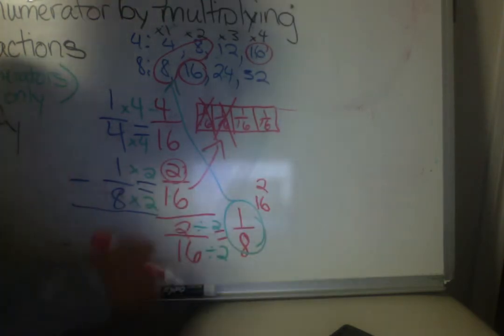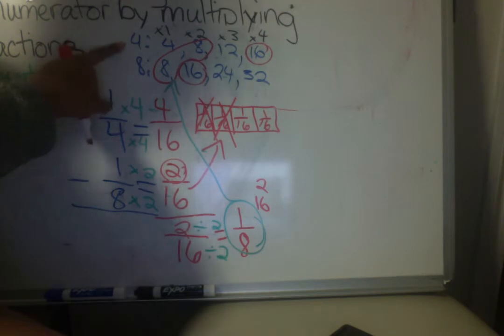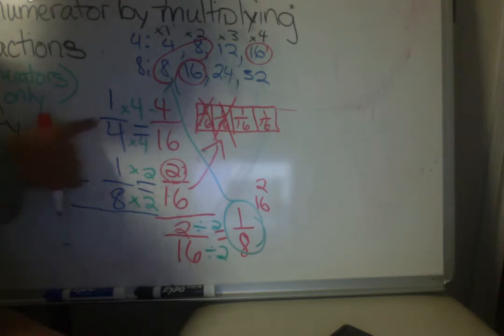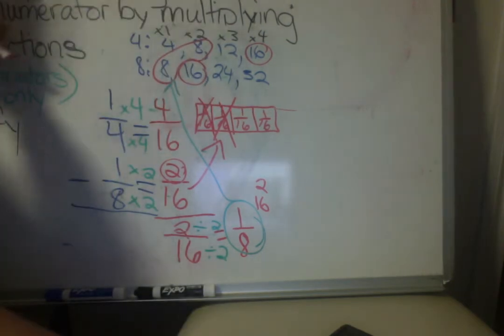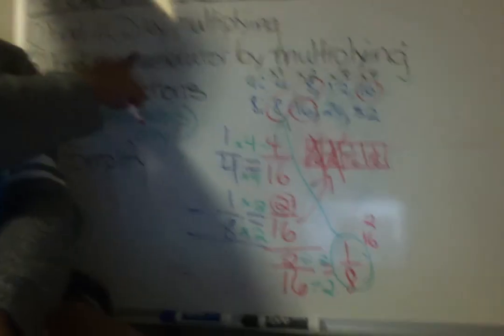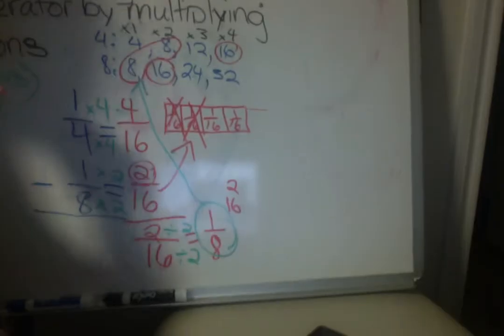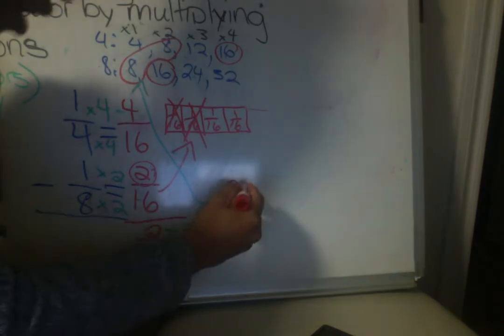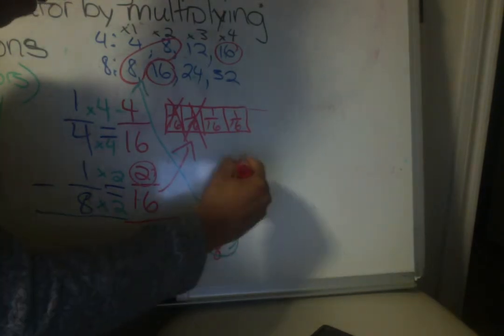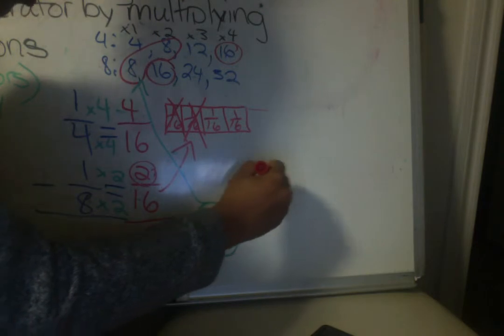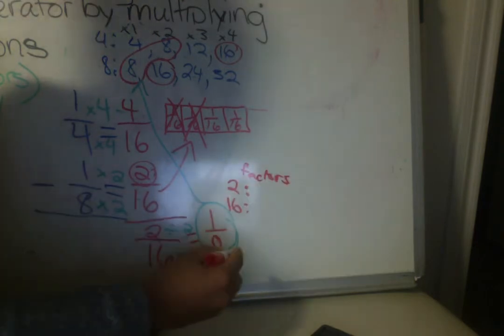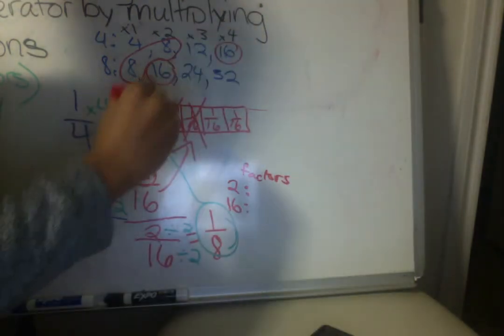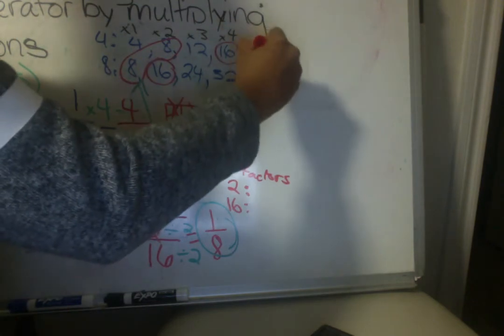For least common denominator, we take the denominators only because we're finding a denominator. With simplifying, you're taking what you have. You're taking your numerator and your denominator and you're listing factors. Here you're listing multiples.